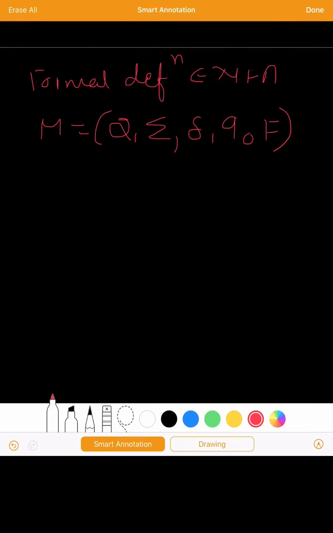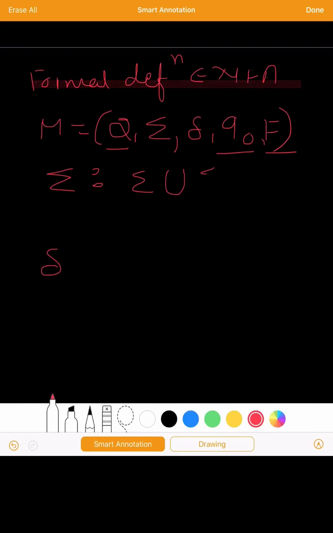So here your Q, Q0 and final state, all 3 tuples remain same, but only there is a slight change in a sigma and delta. So sigma, basically sigma is a set of alphabets plus epsilon, which is a null string, right?